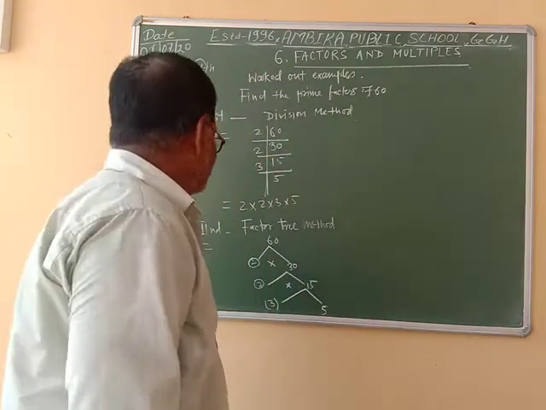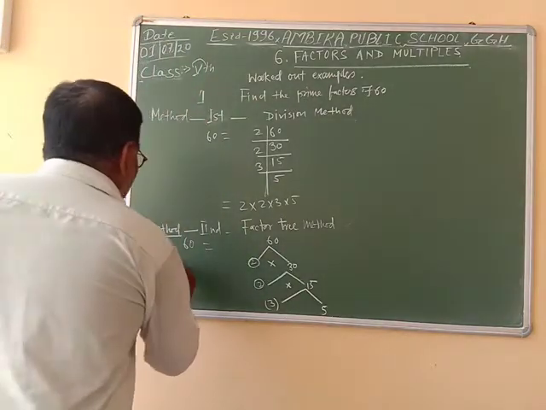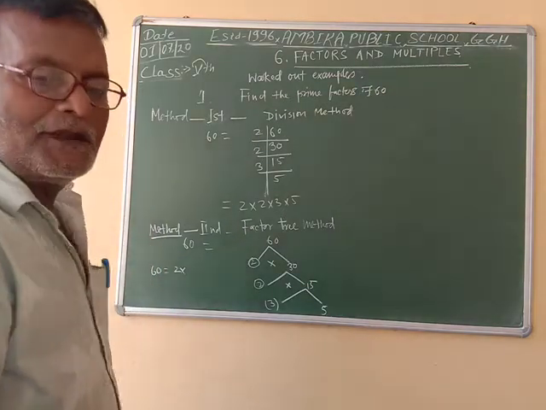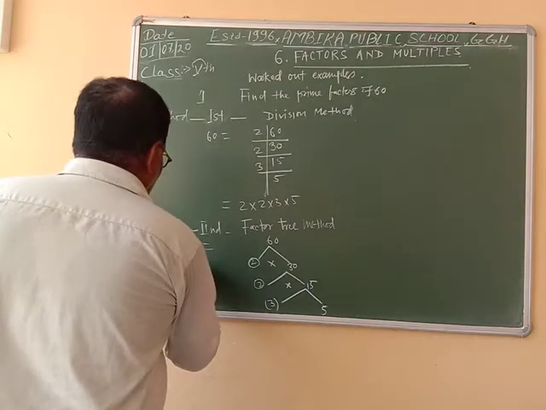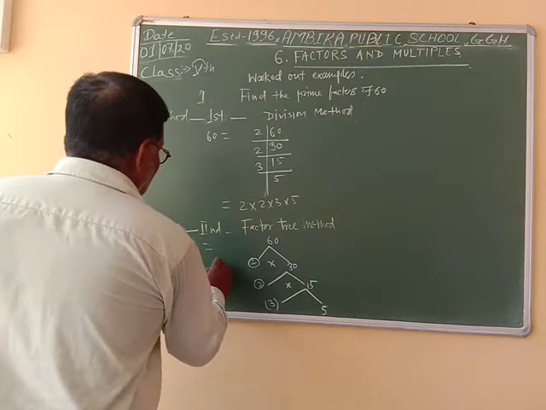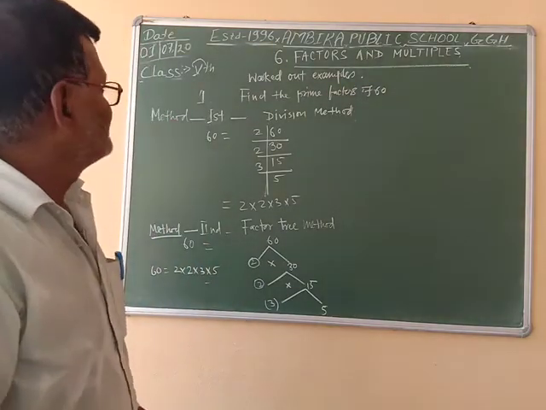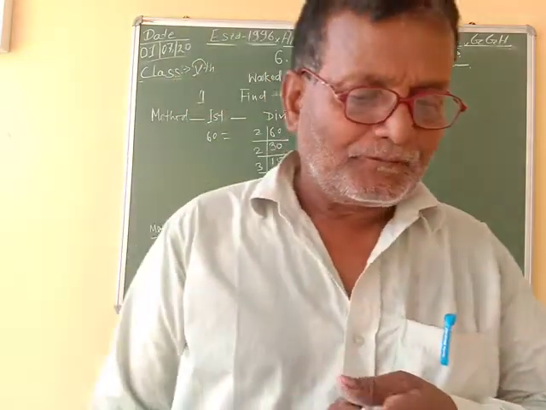These are the prime factors. 60 is equal to 2 into 2 into 3 into 5. Hence, we can find the prime factors by the division method and the factor tree method.